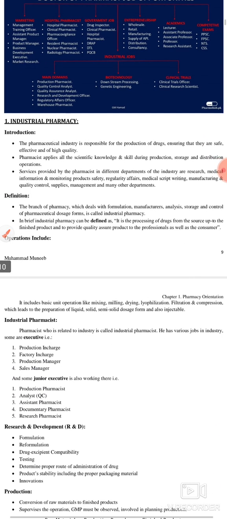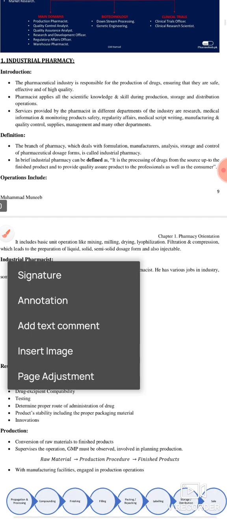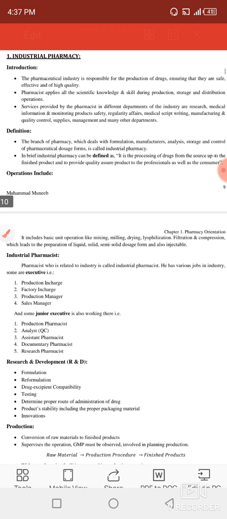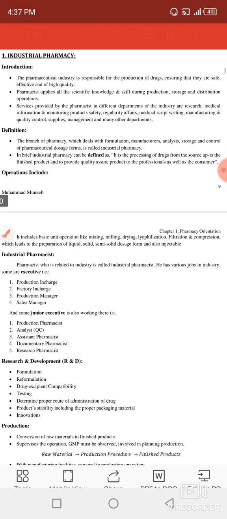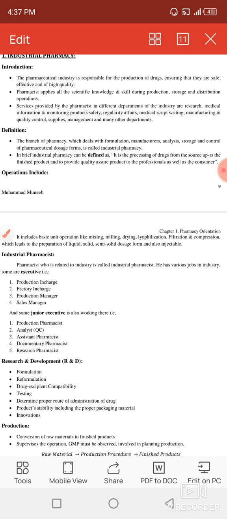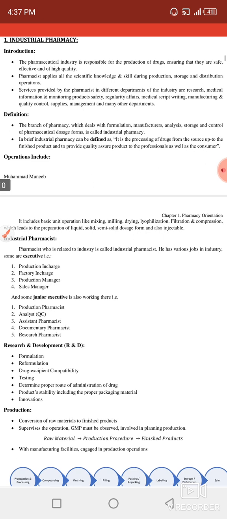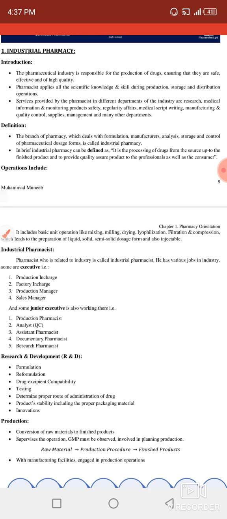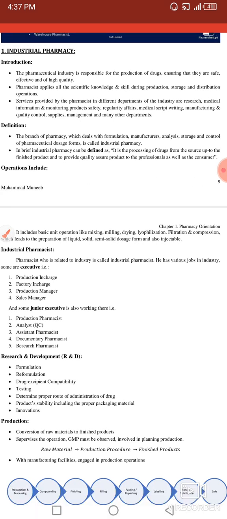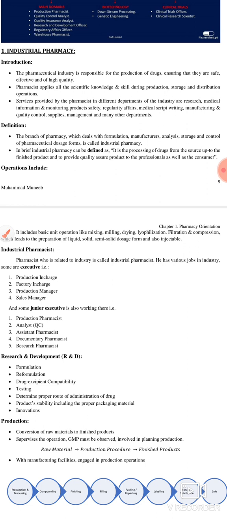Now let's see what things are included in it. The operations included are basic operations like mixing, drying, lyophilization. These kinds of terminologies are applied to the drug. What is an industrial pharmacist? An industrial pharmacist is one who is working in the industry.